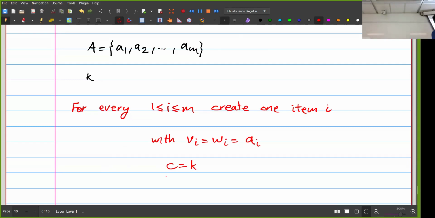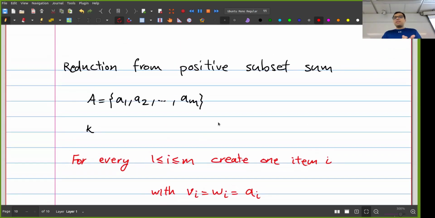So basically, for each one of these numbers, I'm creating an item that has this number both as its value and as its weight. And I can do this because, remember, this is positive subset sum. I couldn't do this with normal subset sum because I could get negative values there. But this is positive subset sum, so all of these numbers are positive.